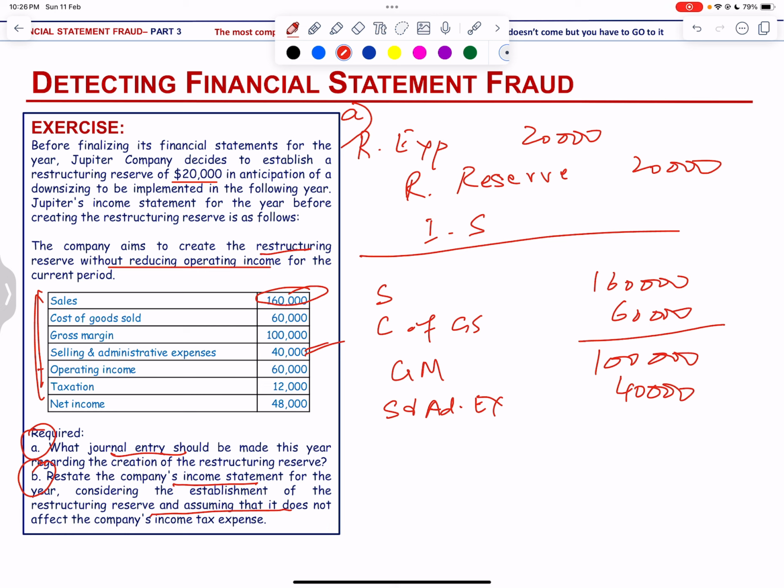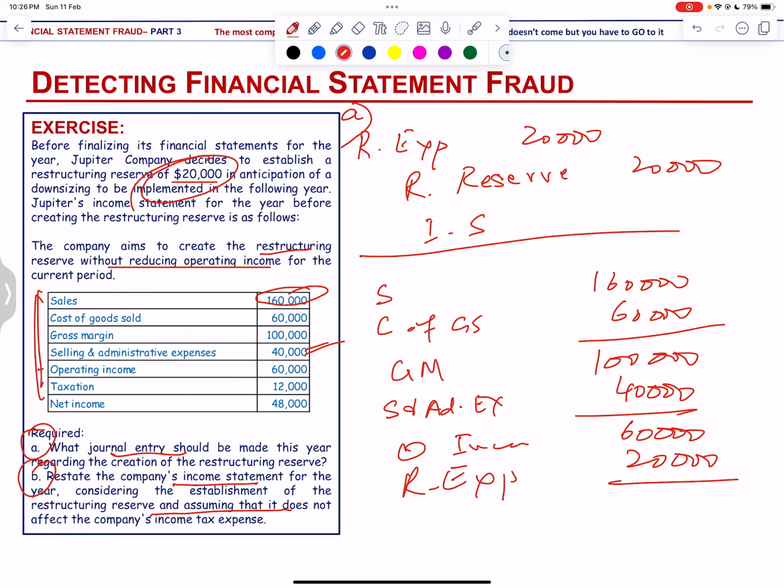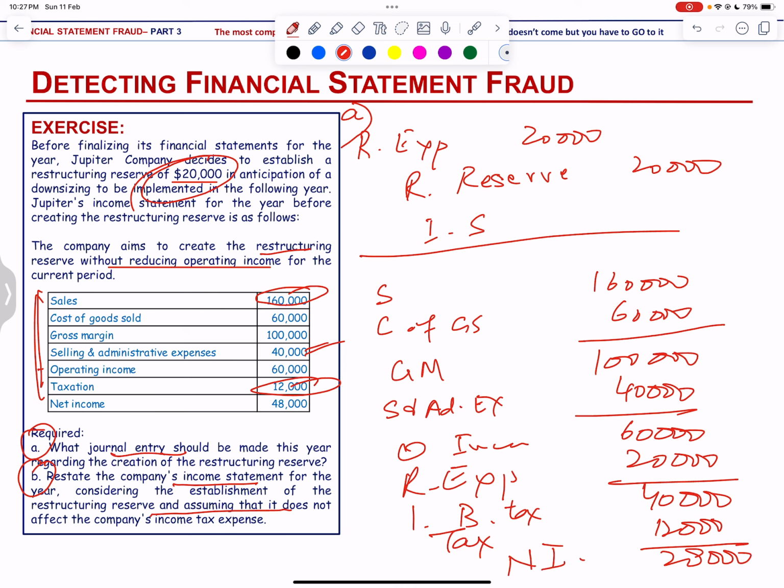So that gives us the operating income of 60,000. From this, we are going to subtract the restructuring expense of 20,000. So the income before taxation will be 40,000 and the taxation is 12,000. So that makes 28,000 of net income.